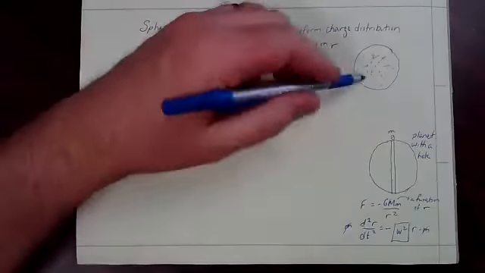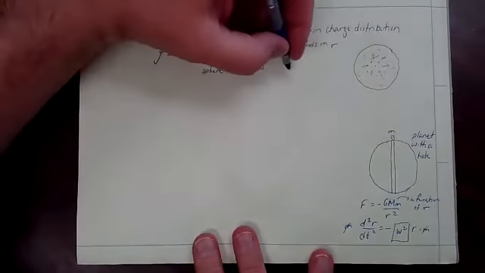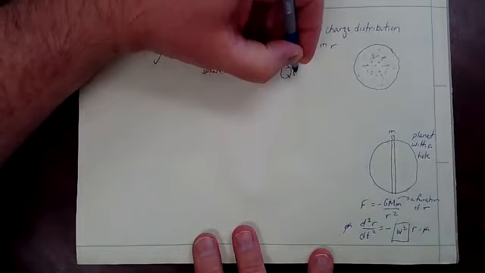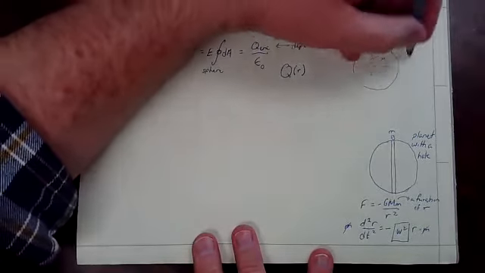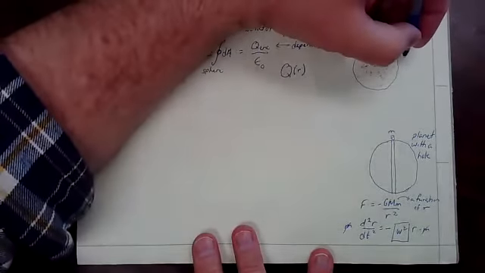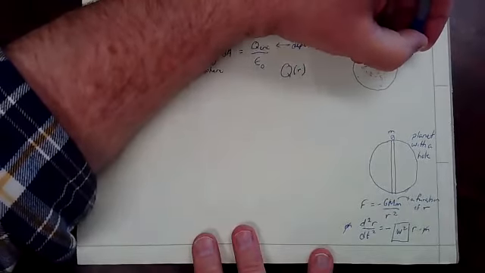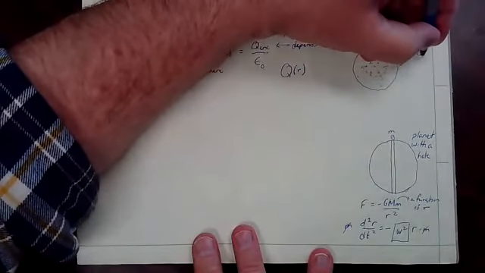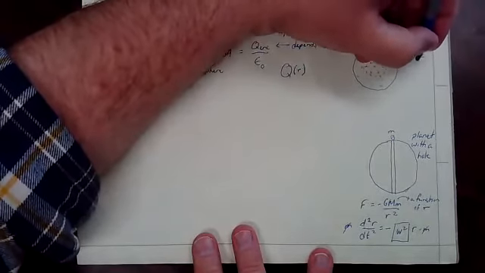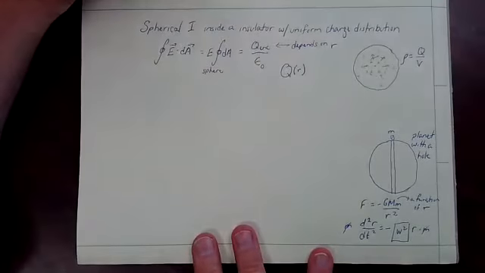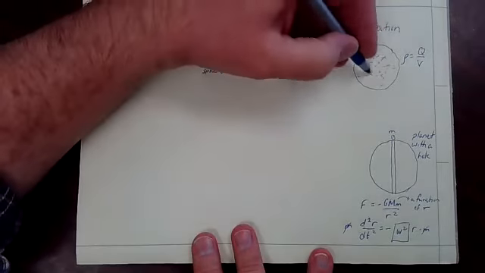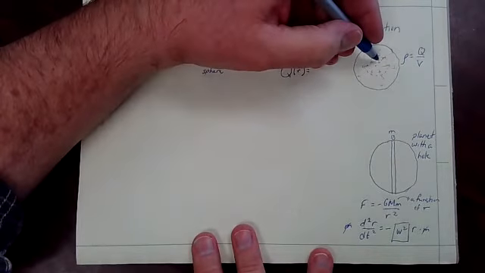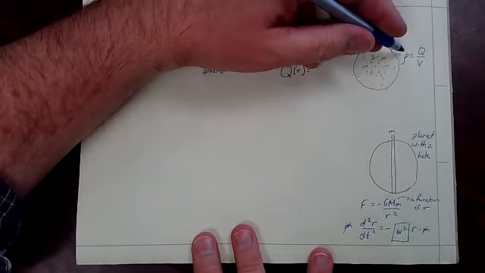Okay, now let's see what that function is going to look like. What is Q as a function of r? Well, if we've already made a definition that the total Q can be used to define a volume charge density, so that's going to be Q over the volume, then I can just use whatever volume I've got inside my Gaussian surface and multiply that by the density.